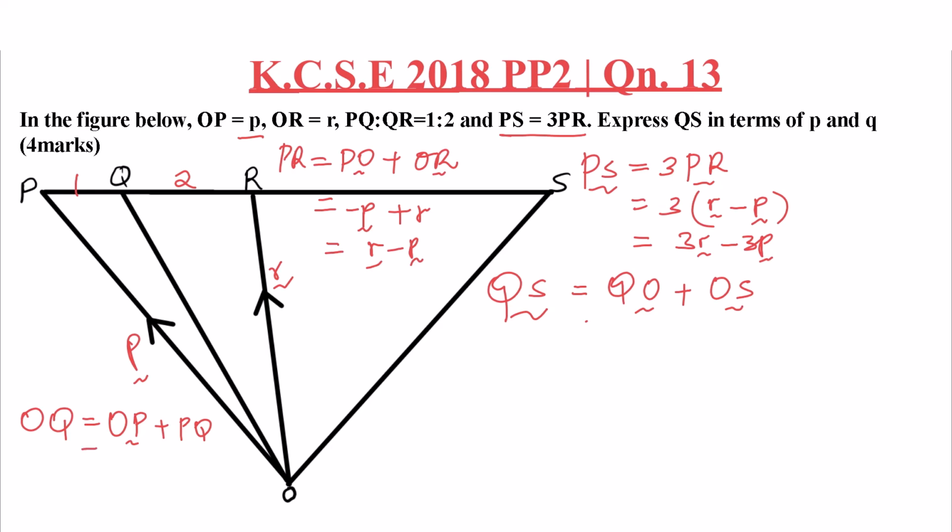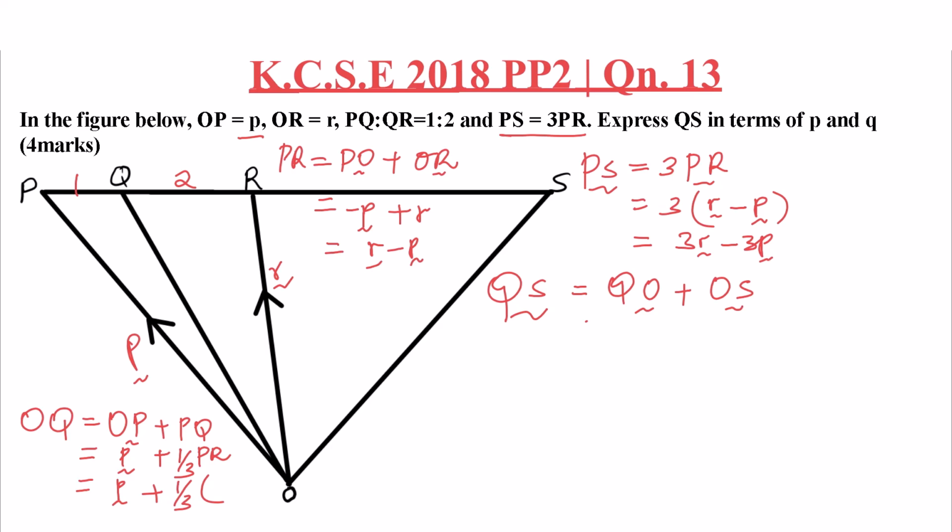Then OP is p. Then PQ, look at the ratio in which Q divides PR. It divides in the ratio 1:2, and therefore PQ is a third of PR. So we get p plus a third PR.